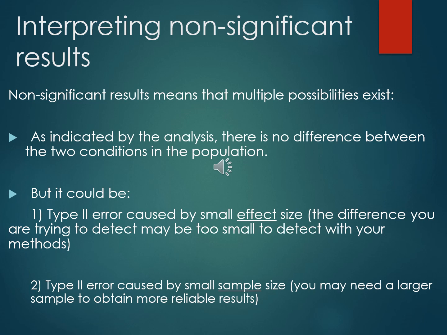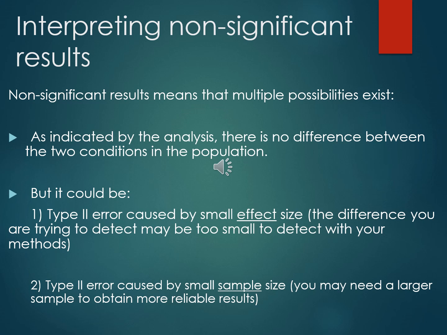It has a very precise meaning. Non-significant results mean multiple possibilities exist. Number one, as indicated by the analysis, it is possible that there is actually no difference between the two population means. But it also could be due to type 2 error caused by small effect size.